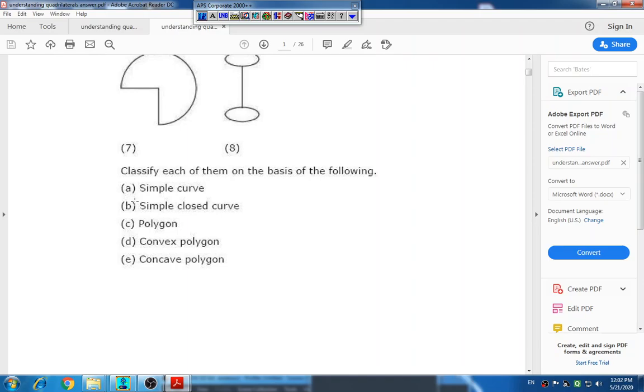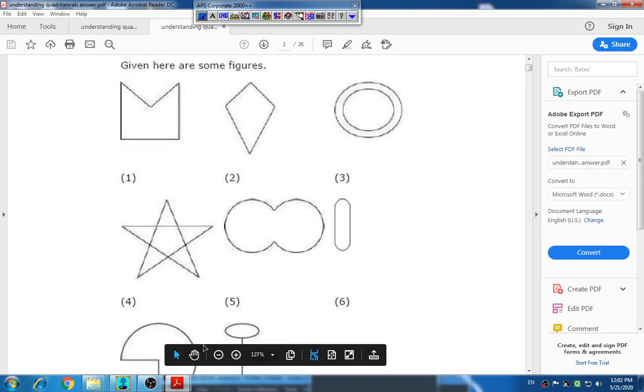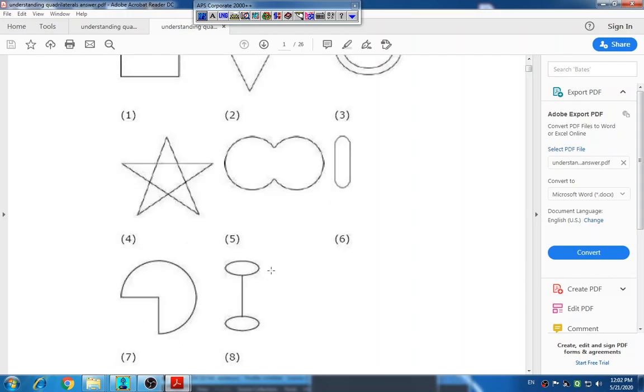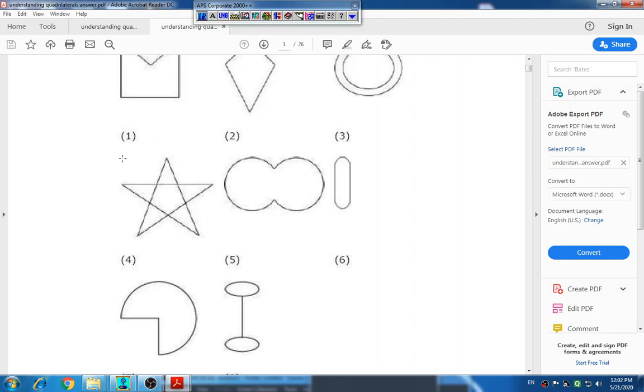Okay, simple curve. How can we see a simple curve? Look at here. This 3 is a simple curve. 5 is a simple curve. 6 is a simple curve.